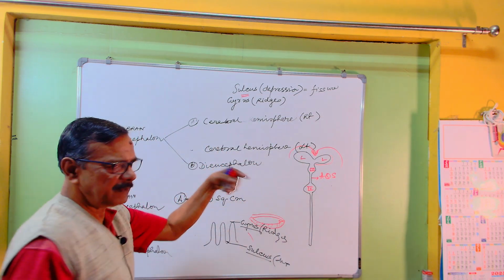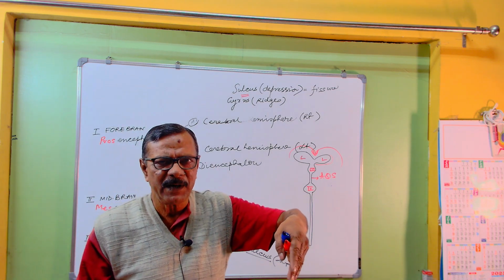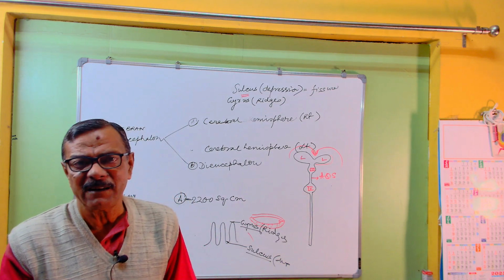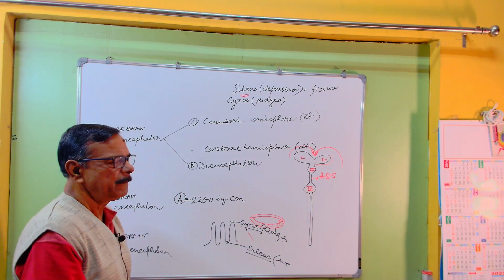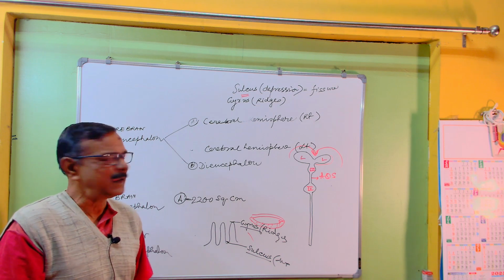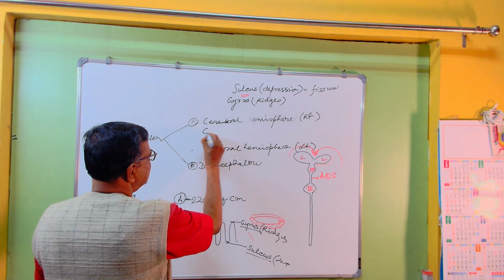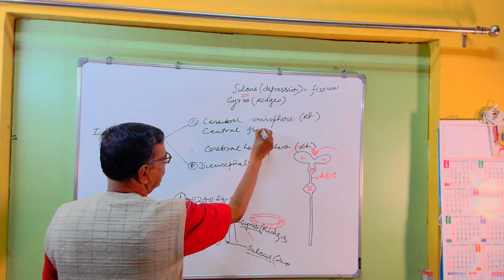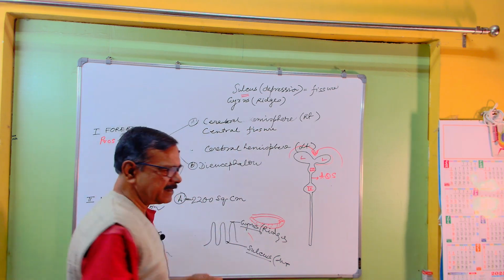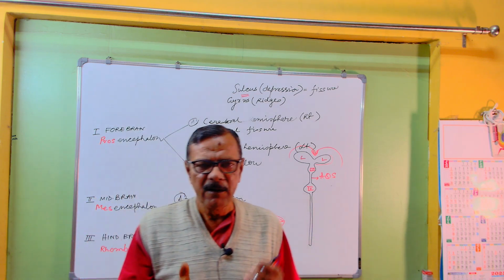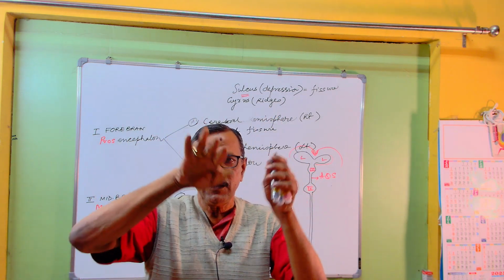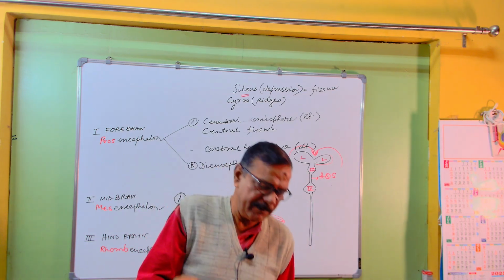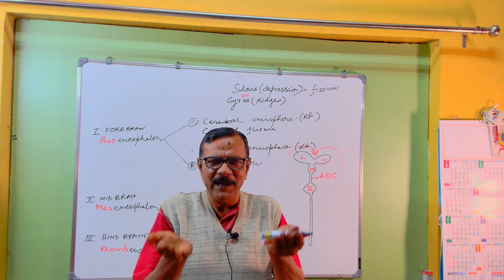In between, we observe what is known as the central fissure or central sulcus, which divides the two hemispheres from above into two halves, a right half and a left half.